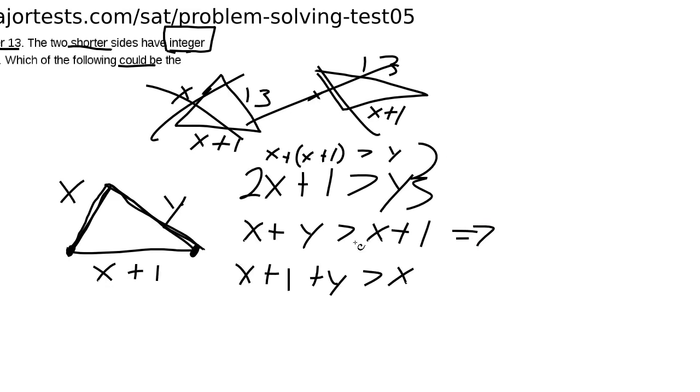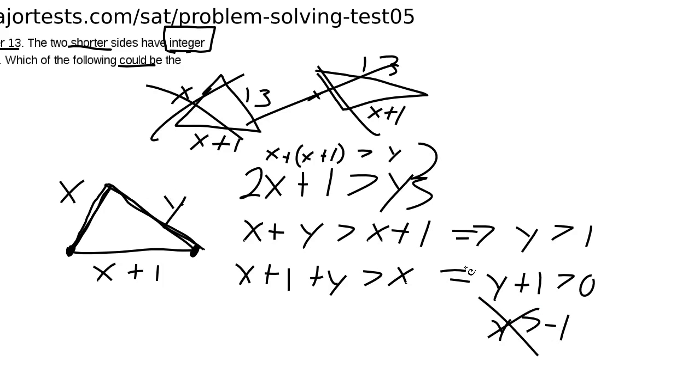This tells me that y is greater than 1. This tells me that y plus 1 is greater than 0, which is kind of silly, because that just means y is greater than minus 1, but I already knew side of a triangle has to be positive, so this doesn't really tell me anything.